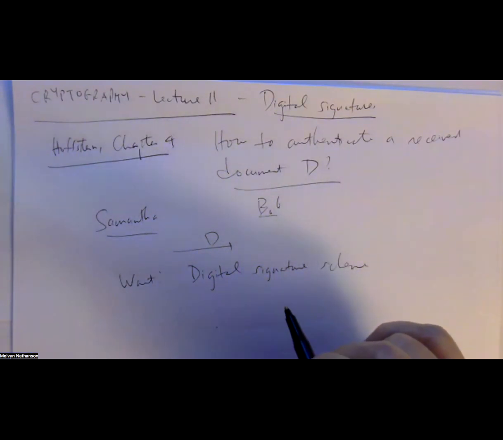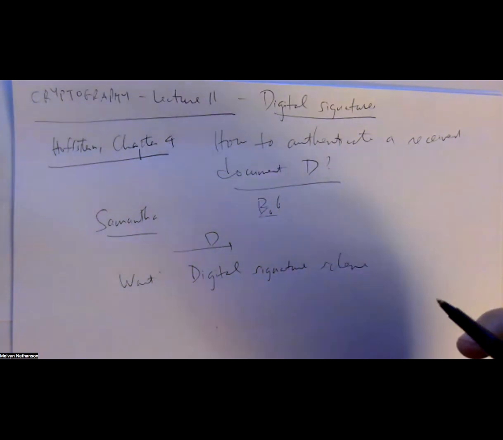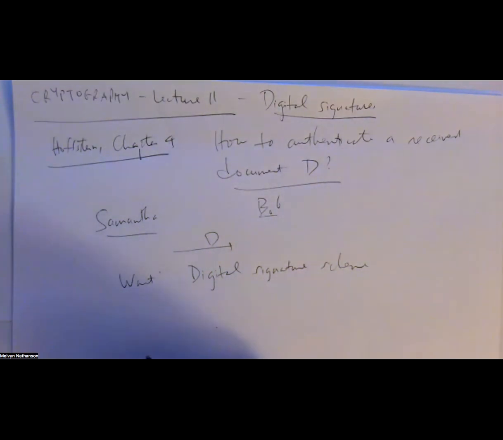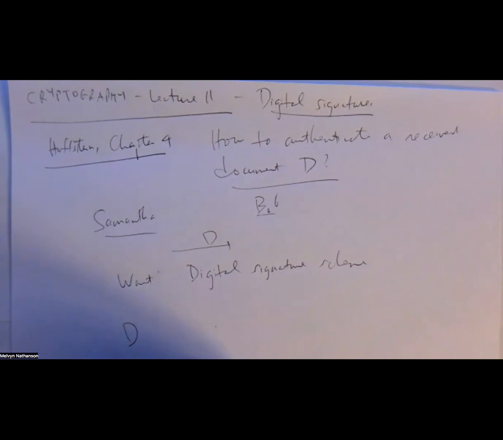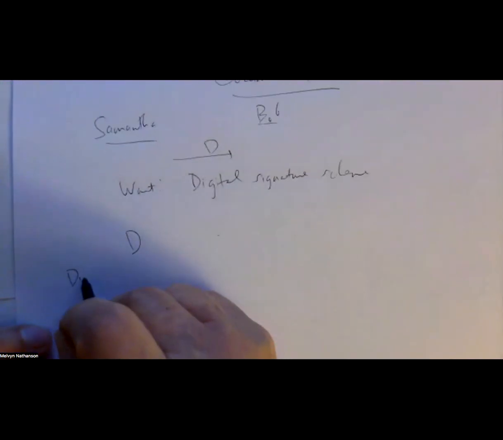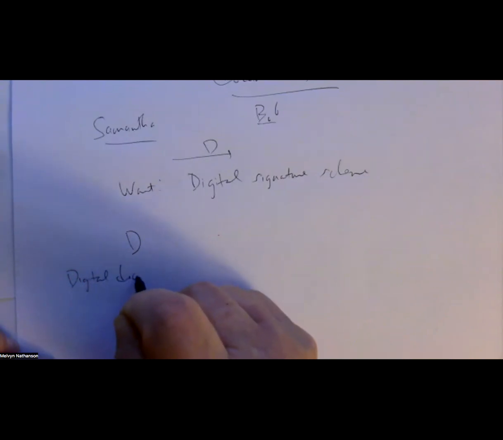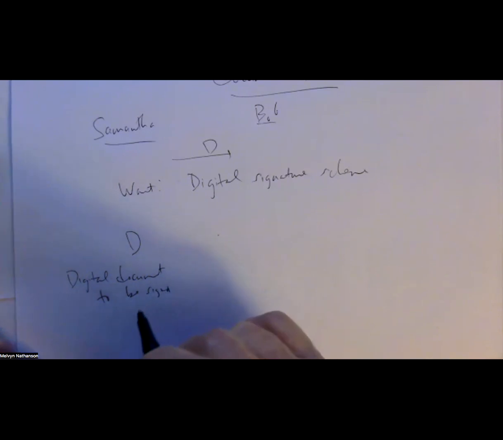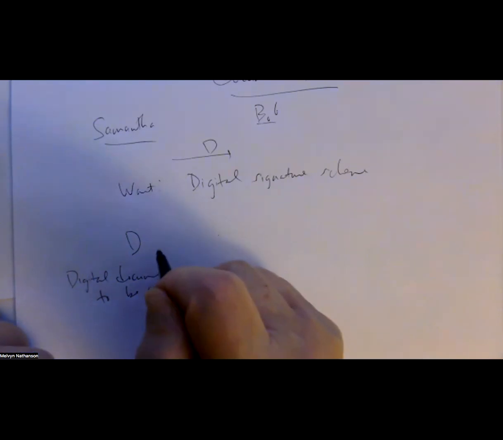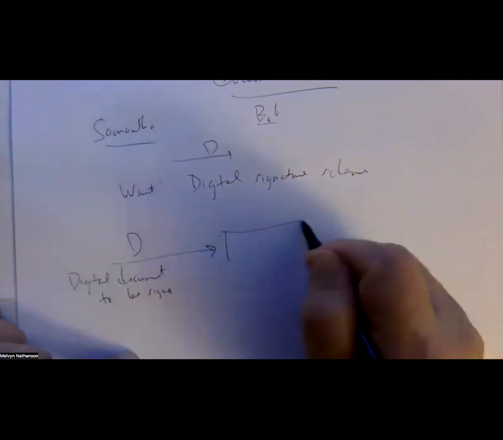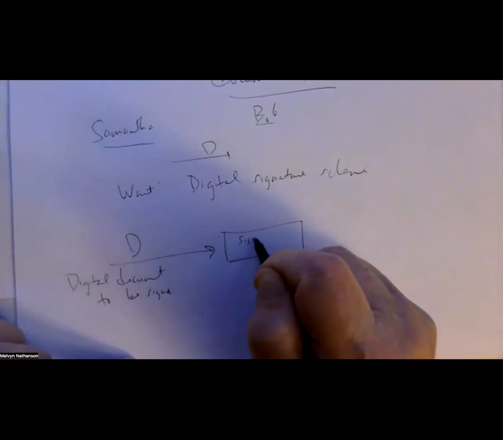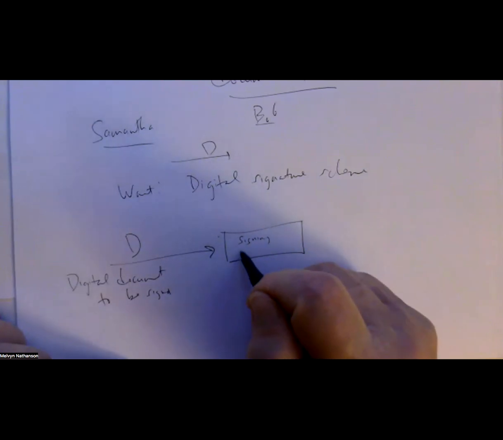And this is going to involve several steps. So we have a document D. So this is the digital document to be signed. And so we need some algorithm, a signing algorithm.